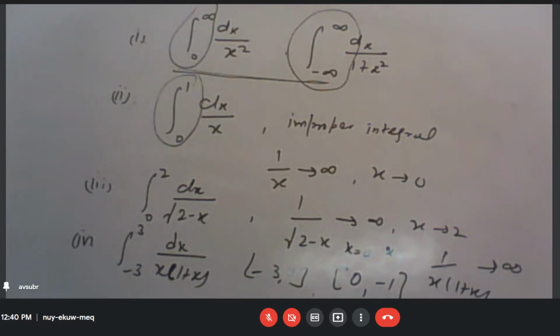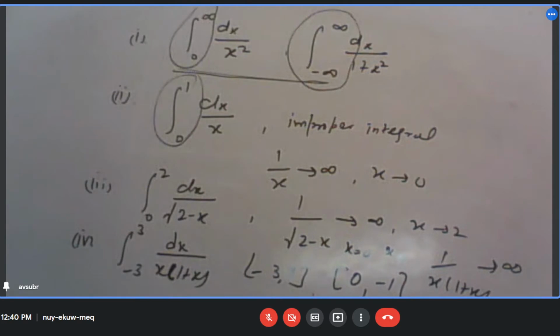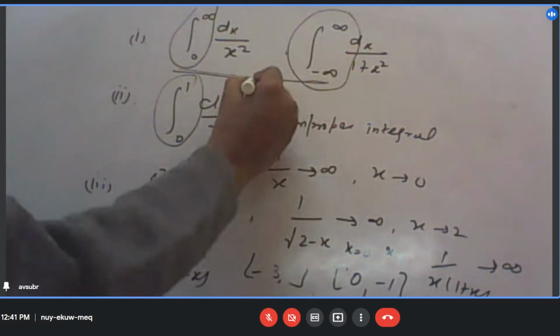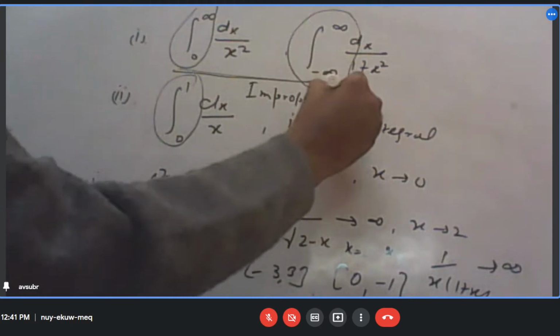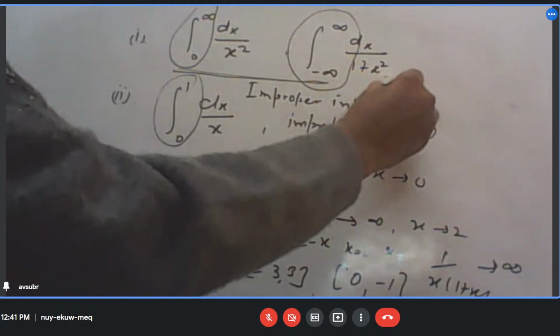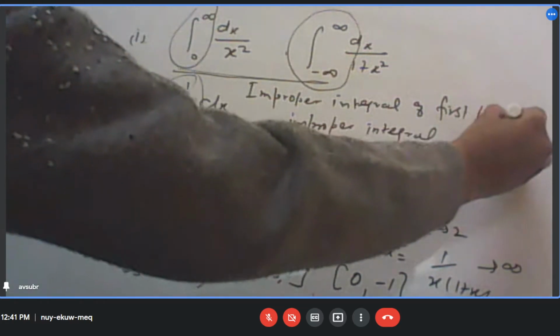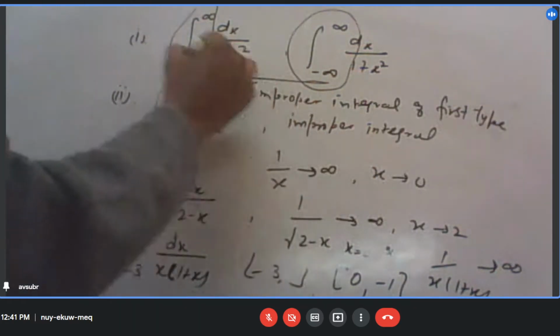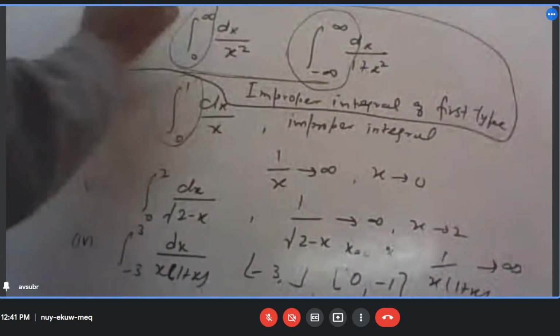All right. So now, if I look at this first example, this is known as improper integral of first type.